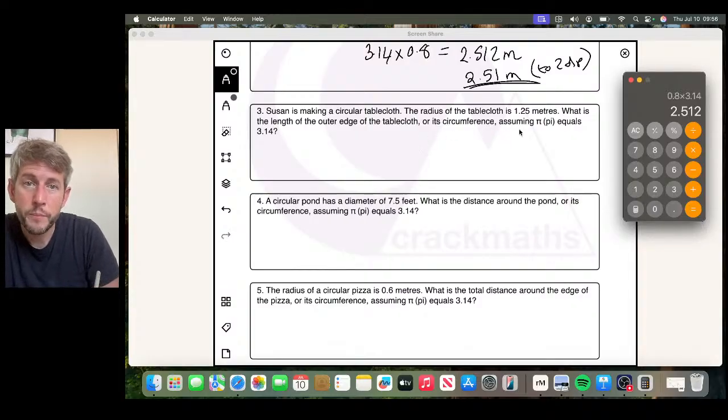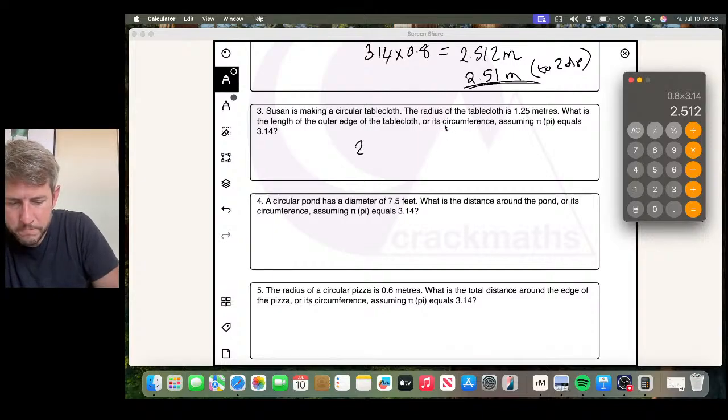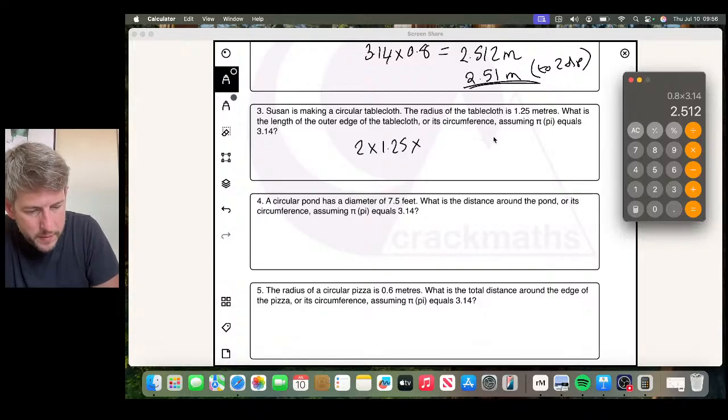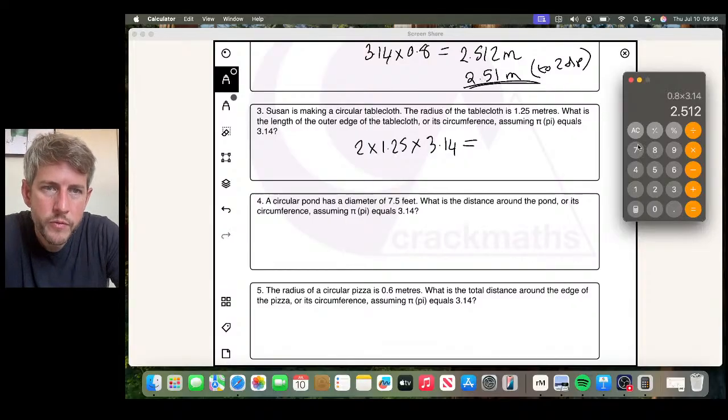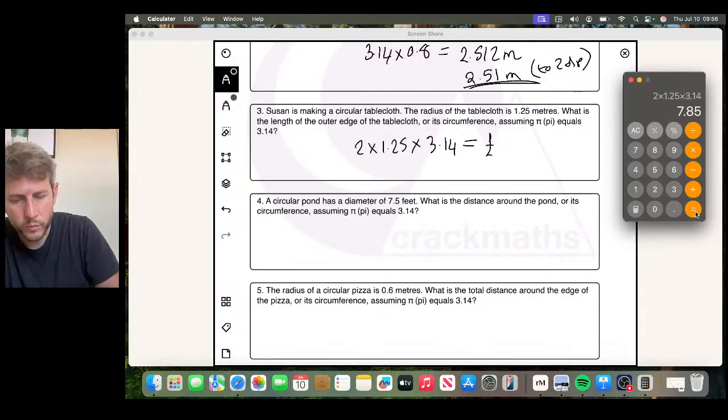We've been given the radius, so it's going to be 2 times the radius times pi. Okay, so 2 times 1.25 times 3.14 equals, here we go. And that will be, oh, why am I writing pounds? That will be 7.85 meters. Okay, it's a big table.